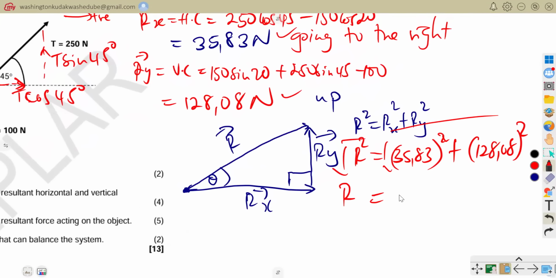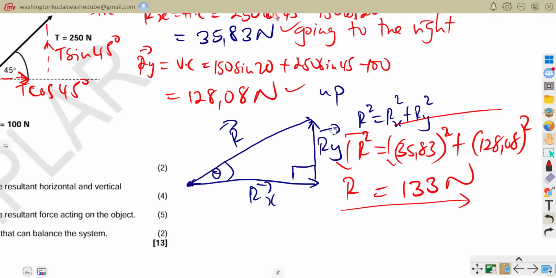You are going to get 132.899. After rounding off, the resultant there is going to be 133 newtons. That being the case, we know that this is a vector.